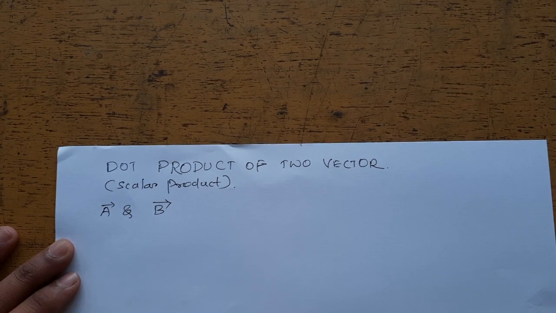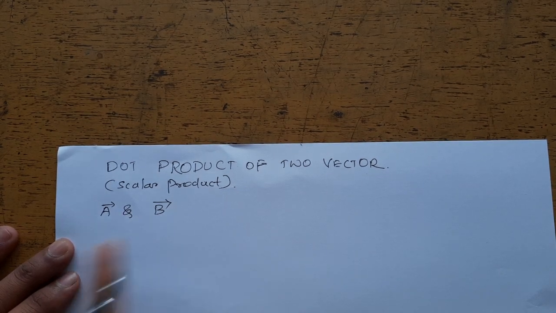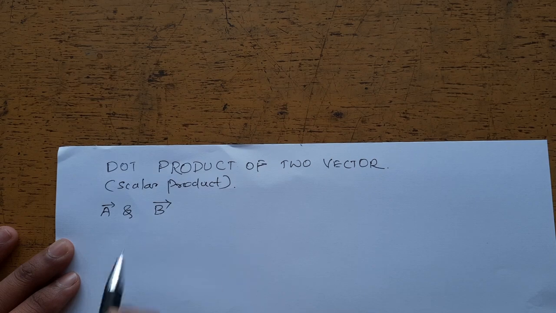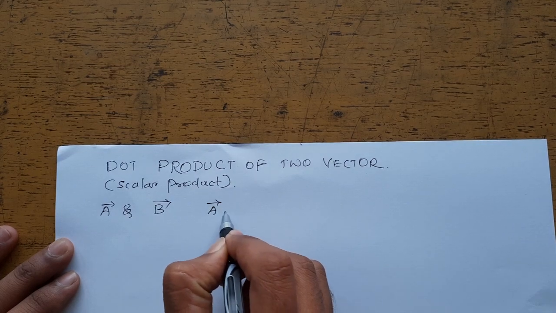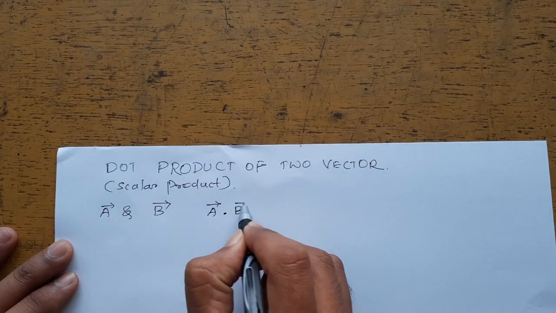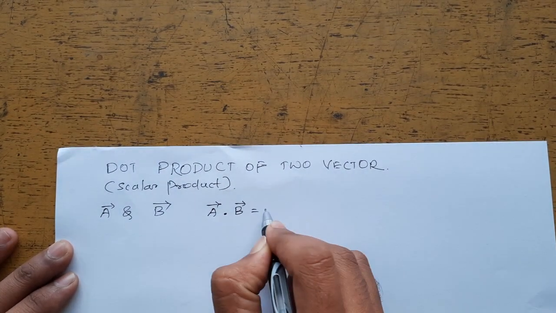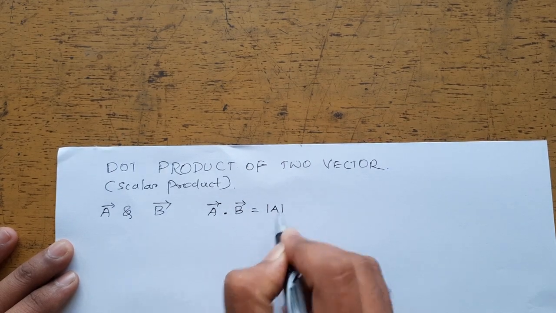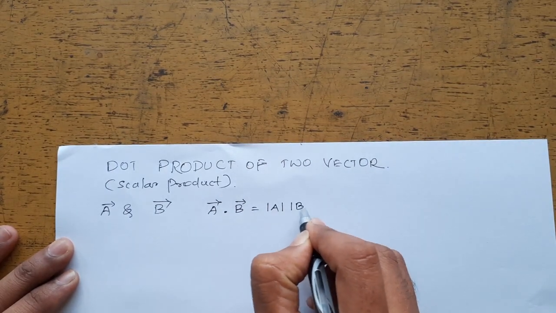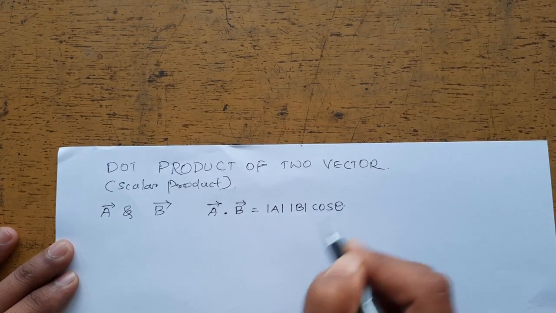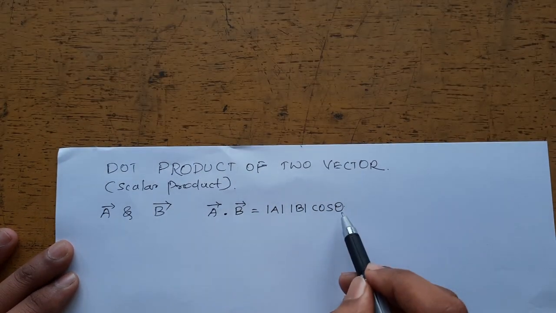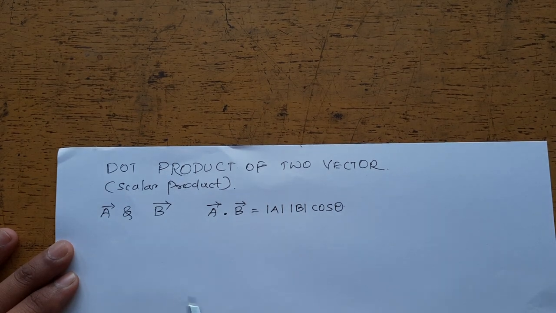If we want to make multiplication of these two vectors with this dot product, then by definition, vector A dot vector B is equal to magnitude of vector A, magnitude of vector B into cos theta. So this theta is the angle between vector A and vector B.